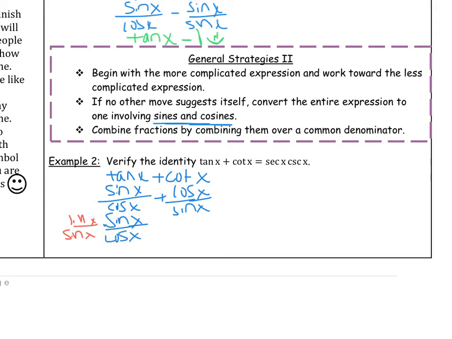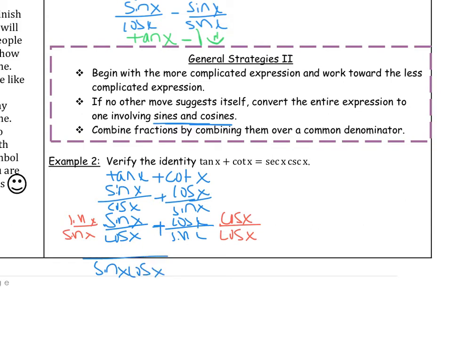And then the second fraction, I'm going to multiply by cosine x over cosine x. This is going to give me common denominators. So now my common denominator is going to be the sine of x times the cosine of x.